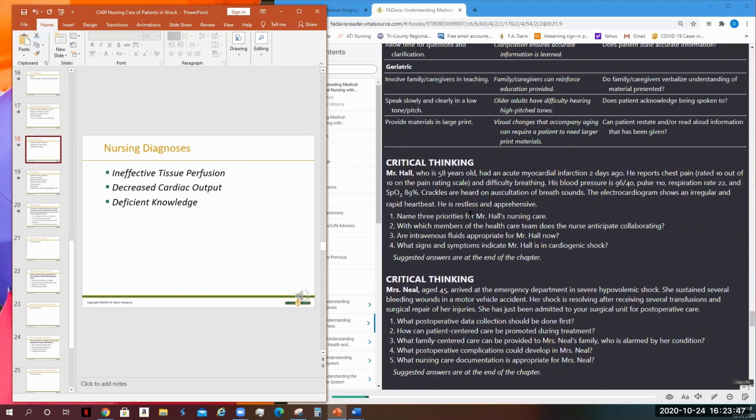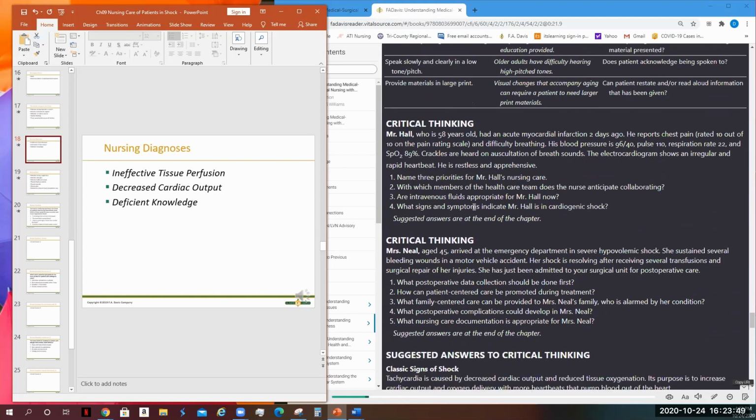Critical thinking. Mr. Hall, who is 58 years old, had an acute myocardial infarction 2 days ago. He reports chest pain rated 10 out of 10 on the pain rating scale and difficulty breathing.